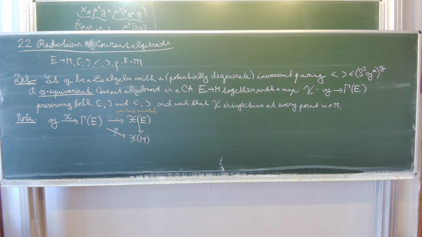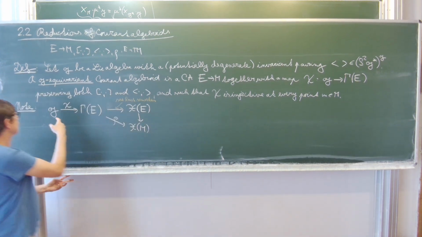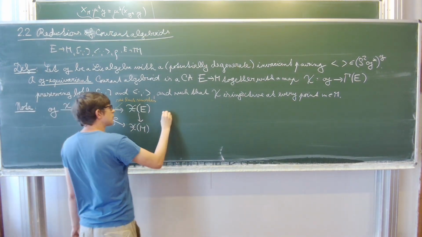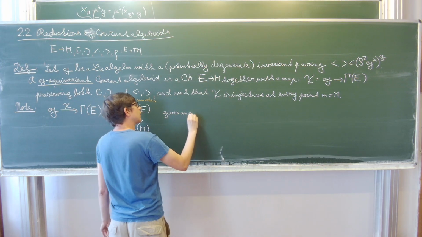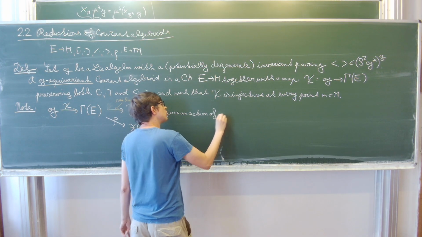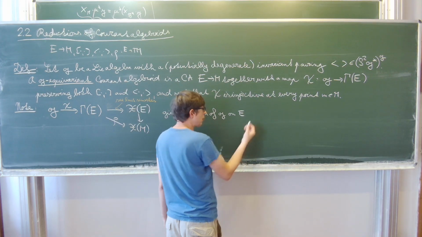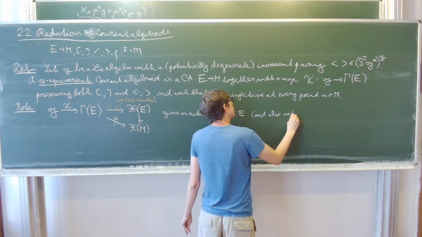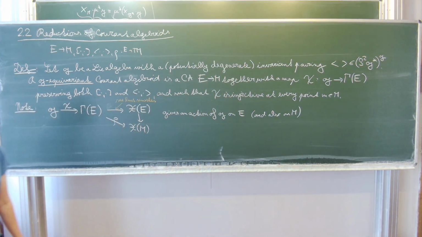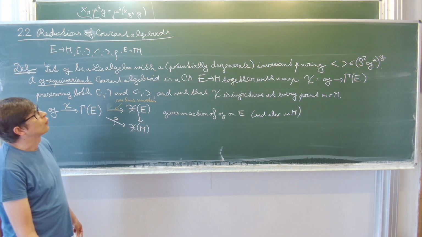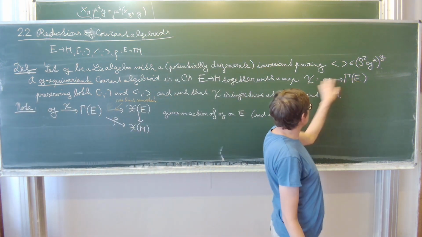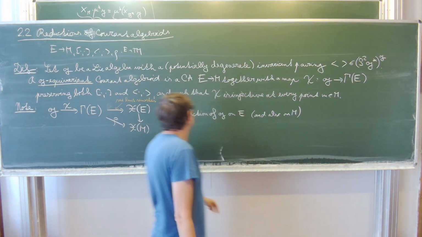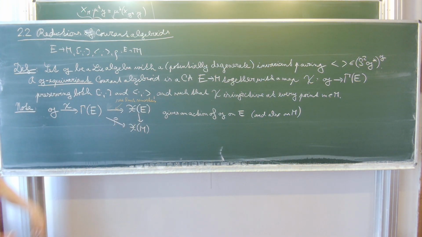So for every element here we get a vector field there, and so this thing gives an action of G on E, on the manifold E, and also on M. Because as we said before, an action of a Lie algebra is a homomorphism into vector fields. Although it was formulated as a homomorphism into the sections, in fact it really gives you an action of the Lie algebra on the whole structure.